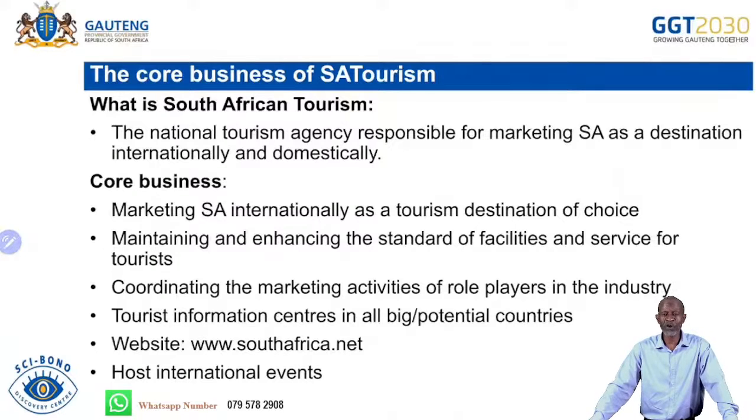Let's reflect on the core businesses that South African Tourism is responsible for. Number one, the primary role of South African Tourism is marketing South Africa internationally as a tourism destination of choice.